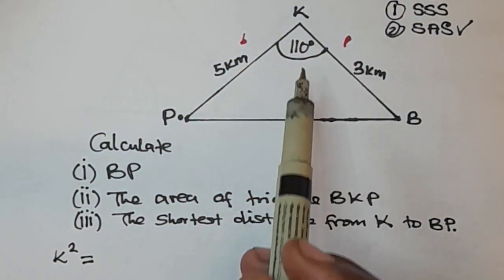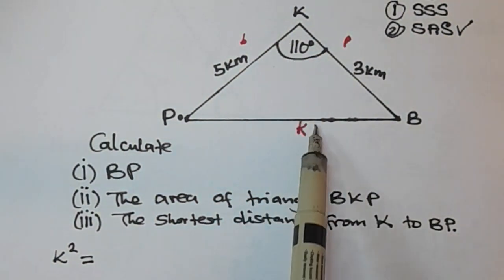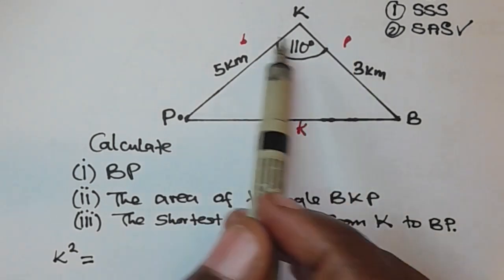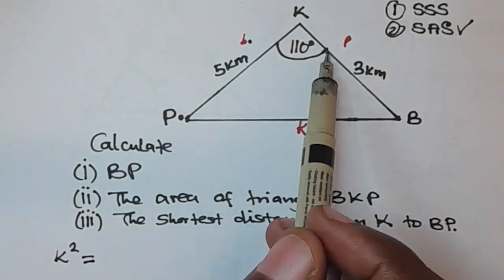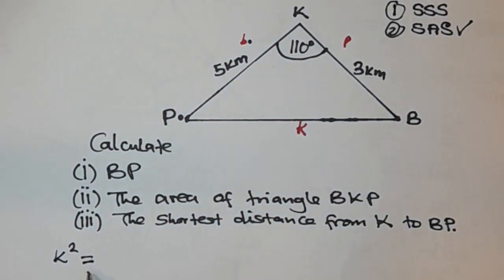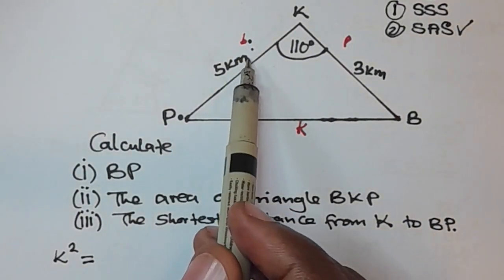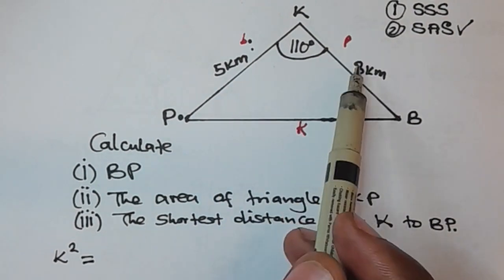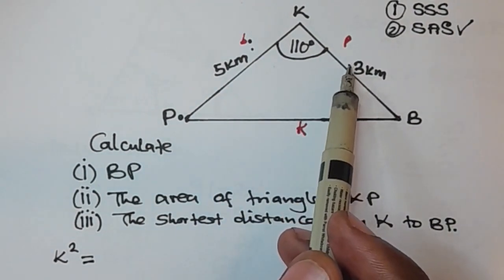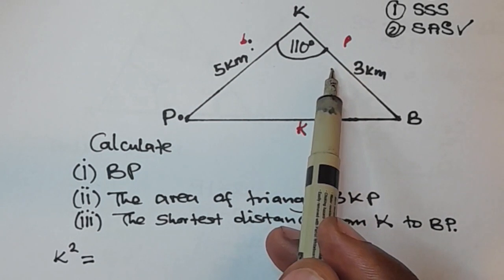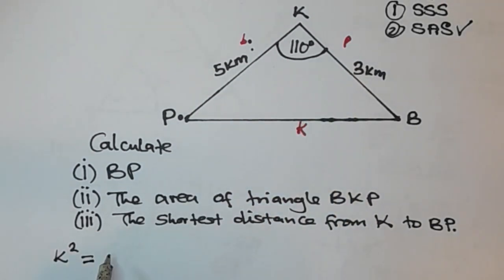So what you use as you are finding this side, you're going to use these given sides plus the given angle in your cosine rule. So we're going to say k squared is equal to b squared, the given side, plus the other given side, which is p squared.